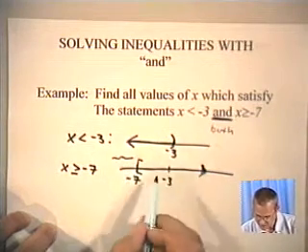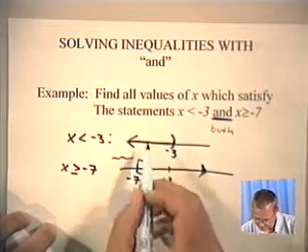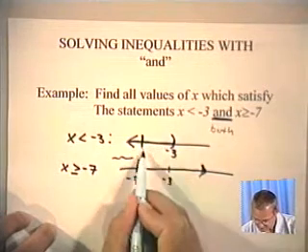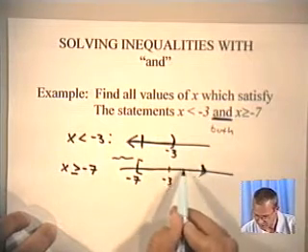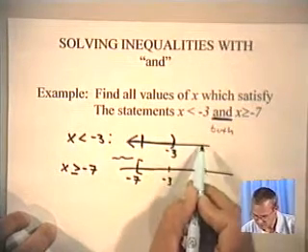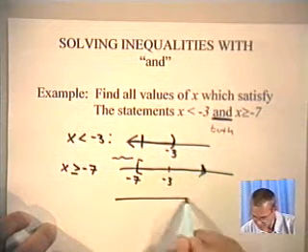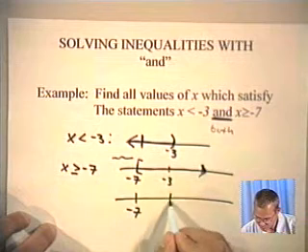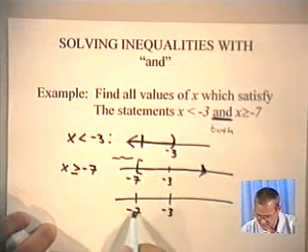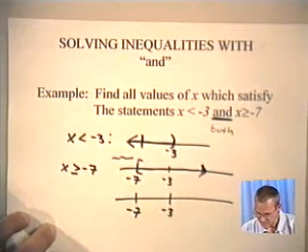So the points that are in common with both of these intervals are going to be from negative 7 to negative 3. Notice I cannot include any points over here because they are not included here. So the common points in both of these intervals at once are just the points between negative 7 and negative 3.